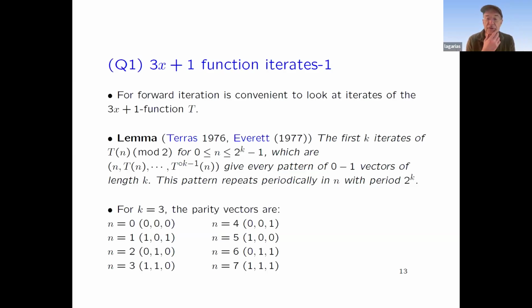Many people observed that. So if you plug in 2 to the k minus 1, the iteration will go uphill for the first k minus 1 steps, and it will be multiplying by 3 halves each time, so it'll get a lot bigger. Okay, next.